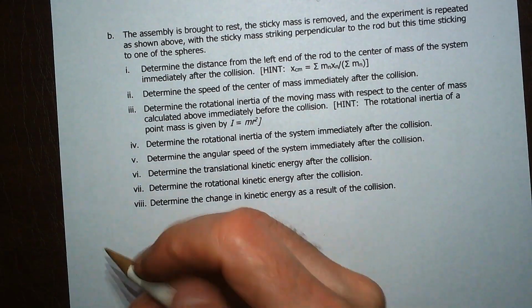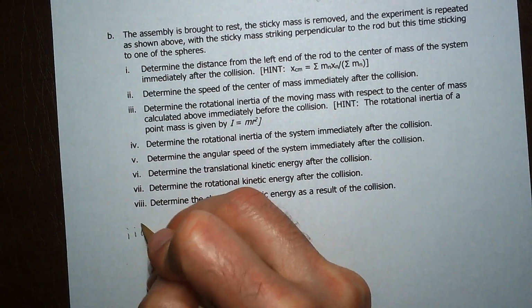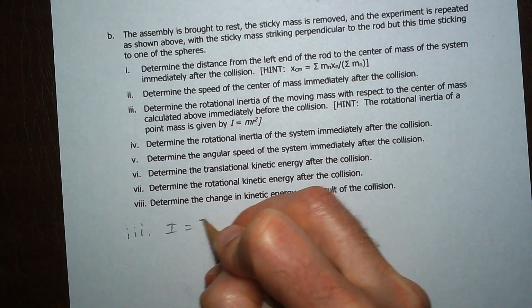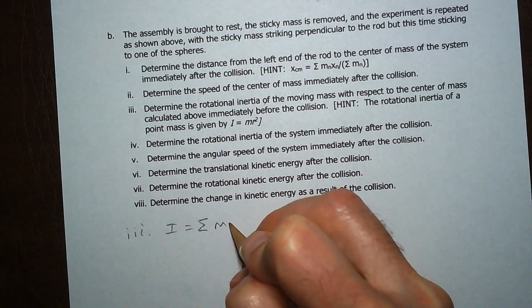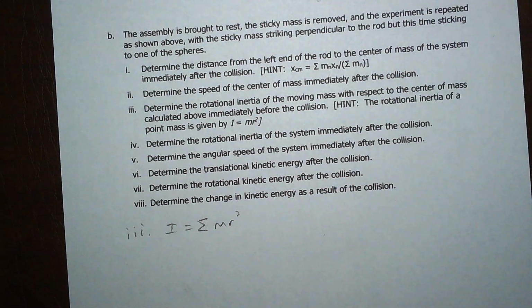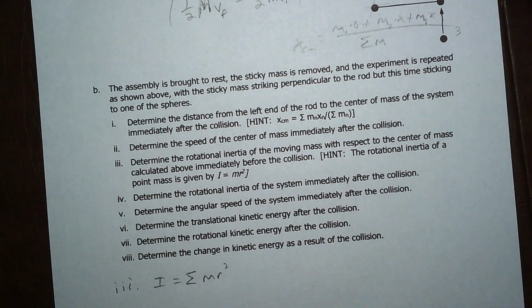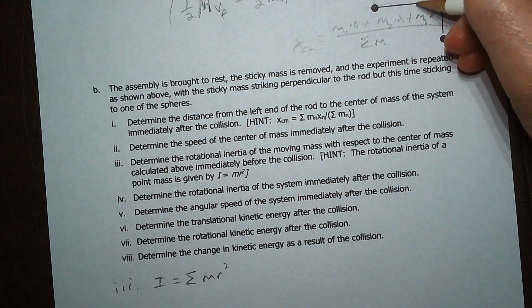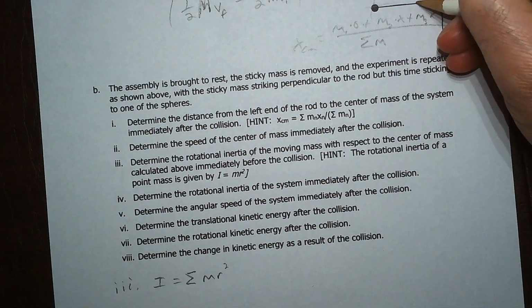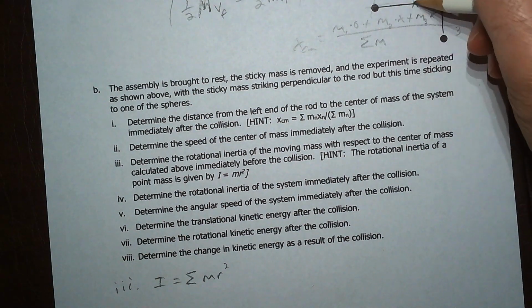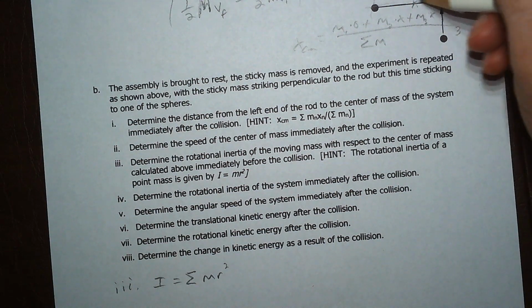Okay, so for 3, to figure out what I is, it's going to be equal to the sum of m r squared. So you found the center of mass a little bit ago, so let's say the center of mass is somewhere in here. So you could do this mass times the distance away squared, plus this mass times the distance away.